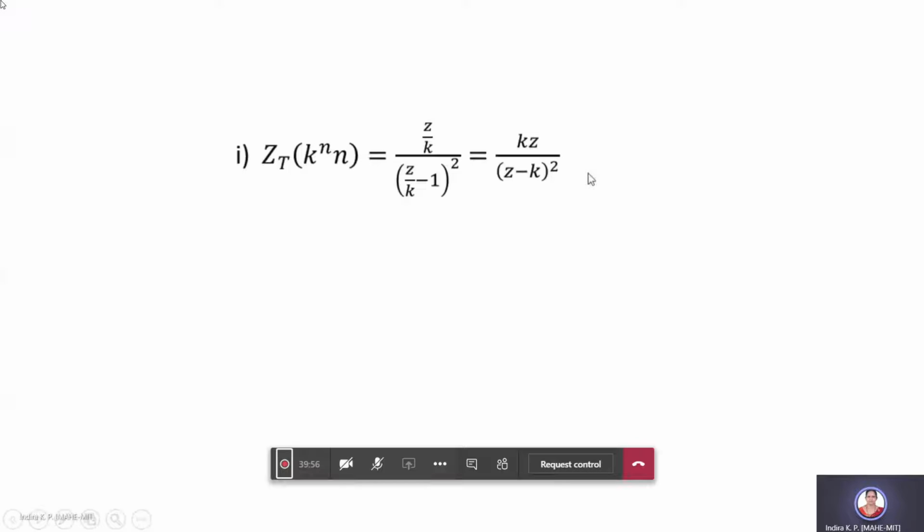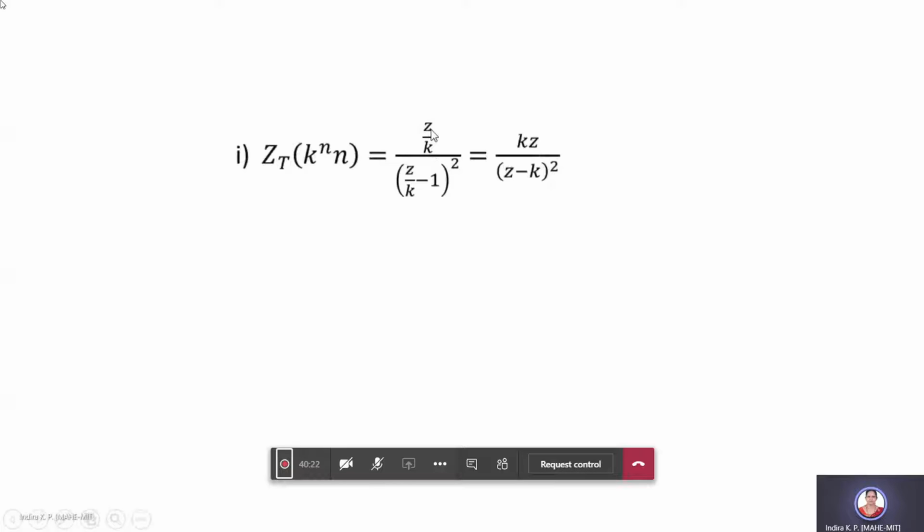Okay, fine. Now I have already found the Z transform of n. Now we can use the scaling property to find Z transform of n into k to the power n. So what is it? If you multiply nth term by k power n, we need to replace z by z by k.